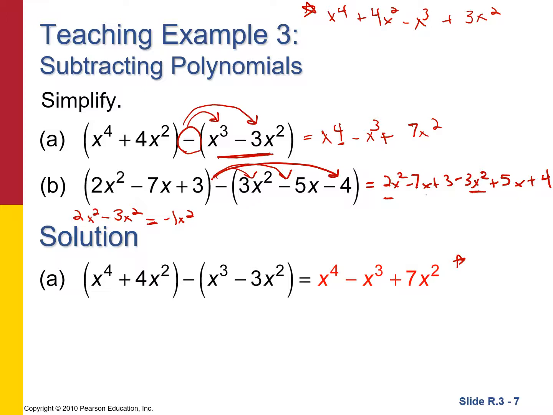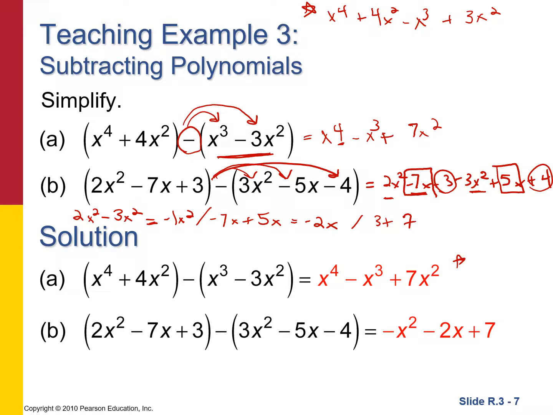Minus 7x right here, and then a plus 5x. All right, so minus 7x plus 5x. Minus 7 plus 5 is minus 2x. And last but not least is 3 plus 4. 3 plus 4 is 7.